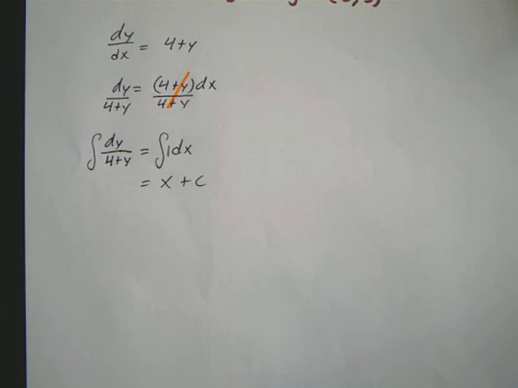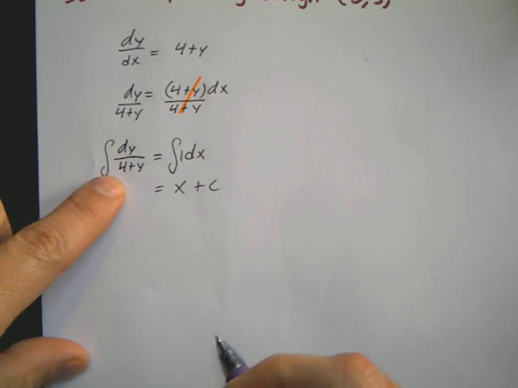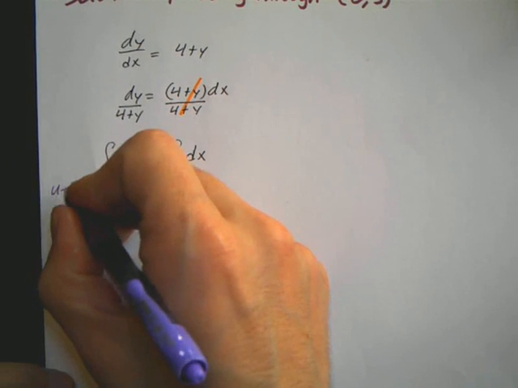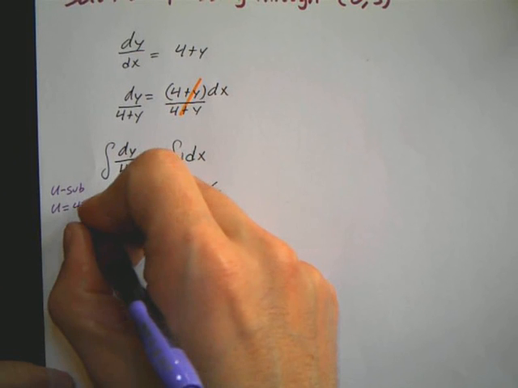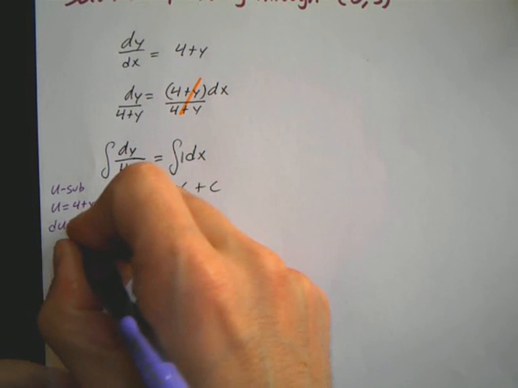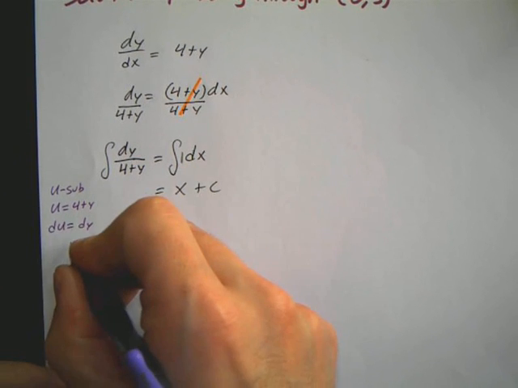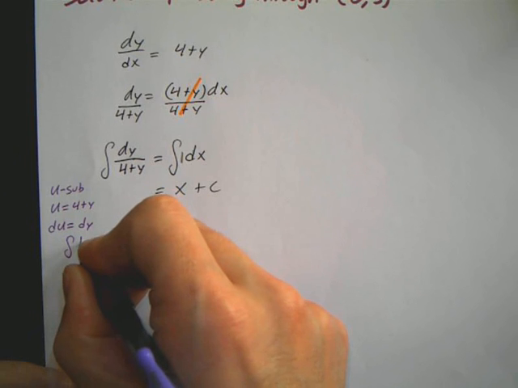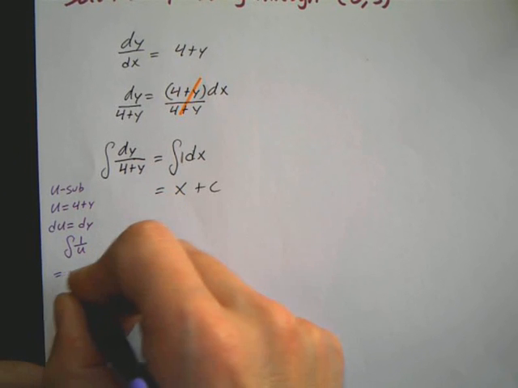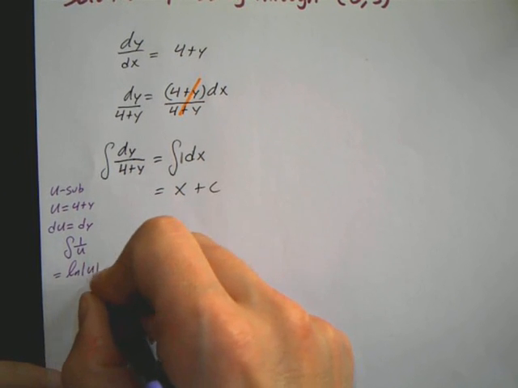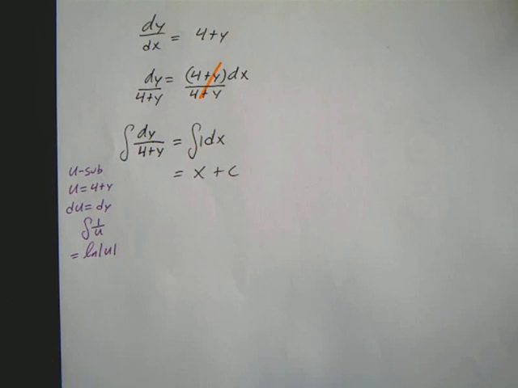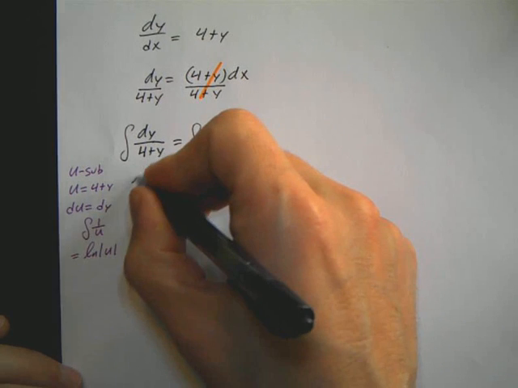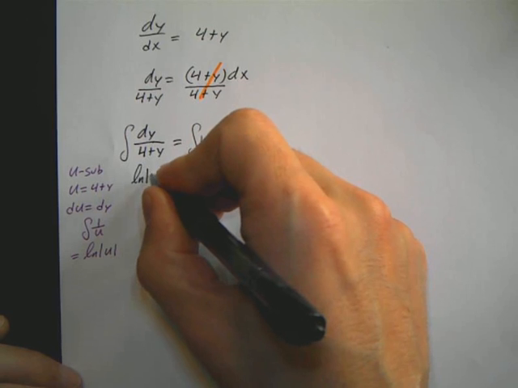Over here on this side, I can do a little u sub. I'm going to let u equal 4 plus y. du is just going to be dy. So this would be the integral of 1 over u, which is ln absolute value of u. So the integral over here is going to be ln absolute value of 4 plus y.